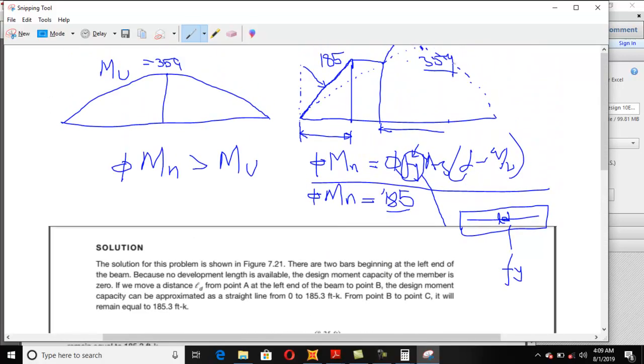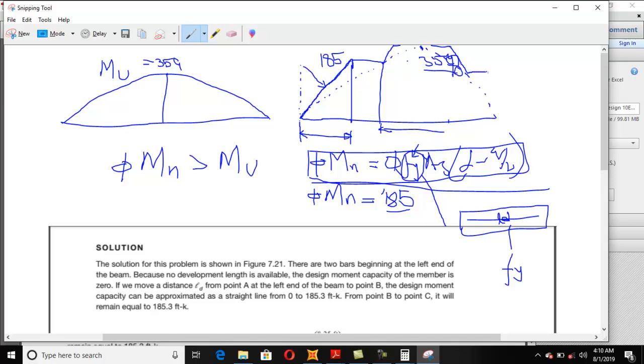Okay, this is 358. And when you are providing number 4 bars and you calculate the moment capacity from this formula, when you are using 4 number bars, it will give you at this point basically how much? 359. So 359 is more than 358. Clear? So it will come and then it will come down in an inclined line.